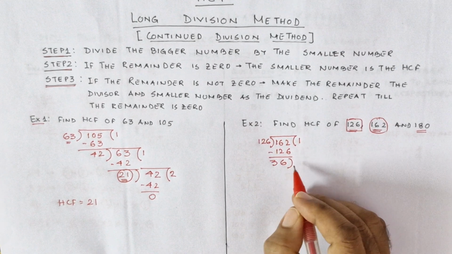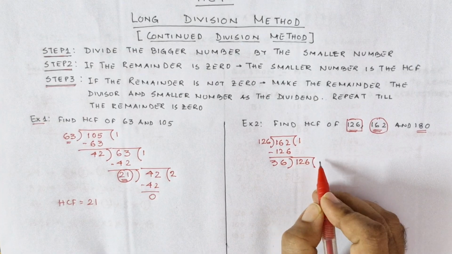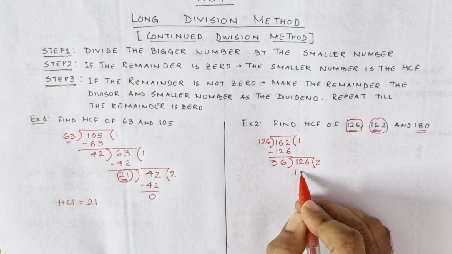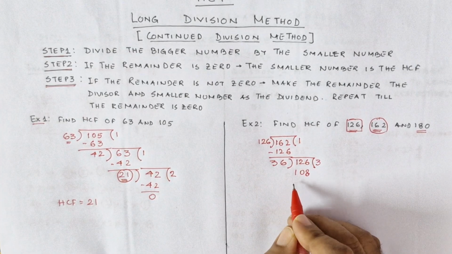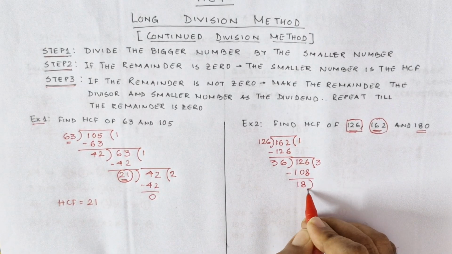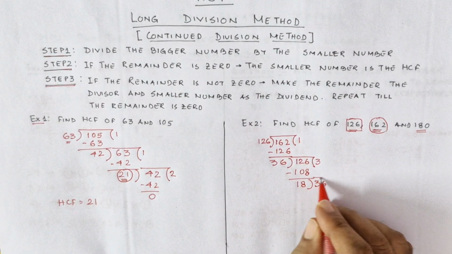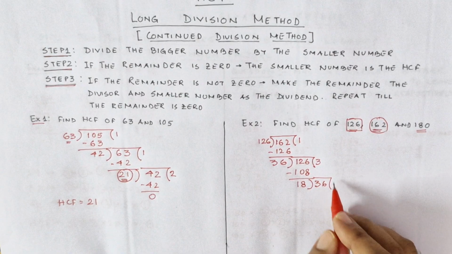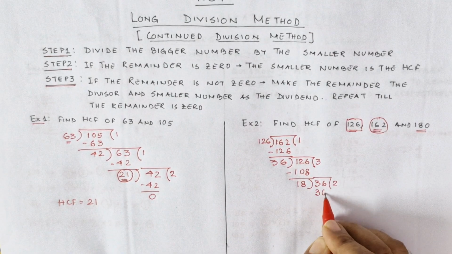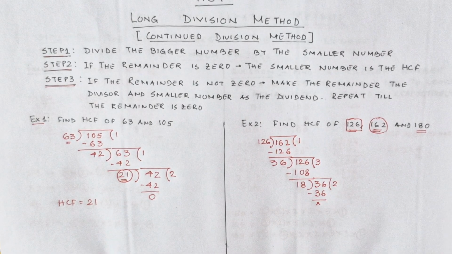Obviously 126 becomes the dividend. 36 times 3 is 108. Subtract and it becomes 18. So this becomes the divisor, and now there is no remainder. The remainder is 0.